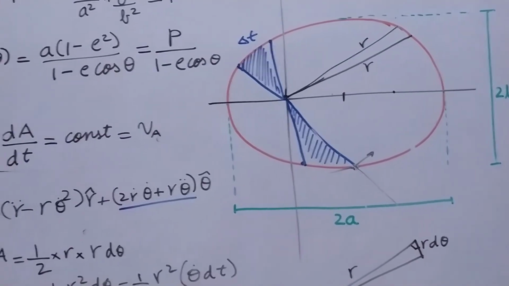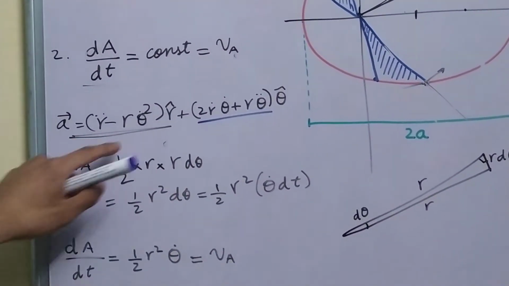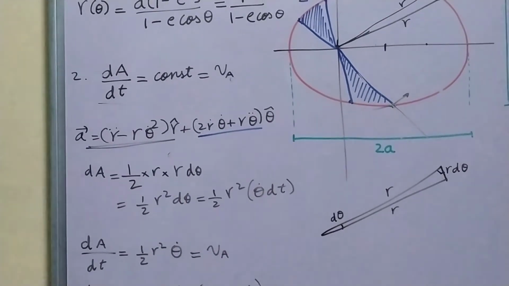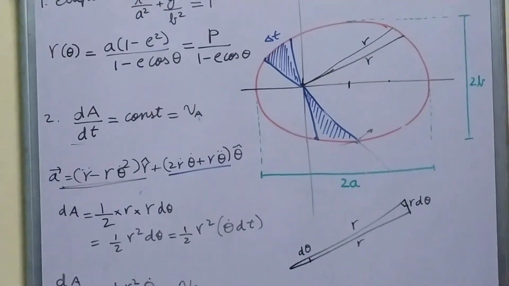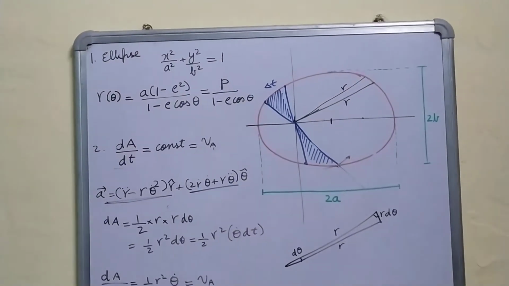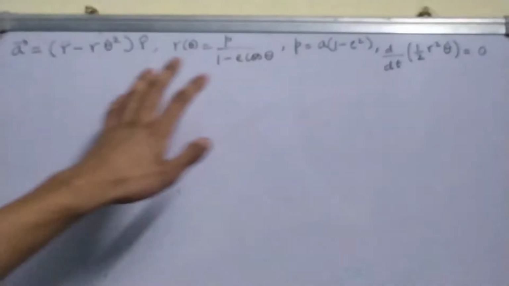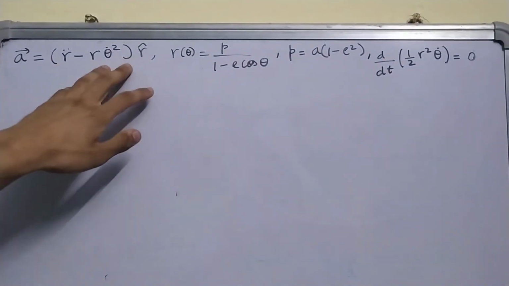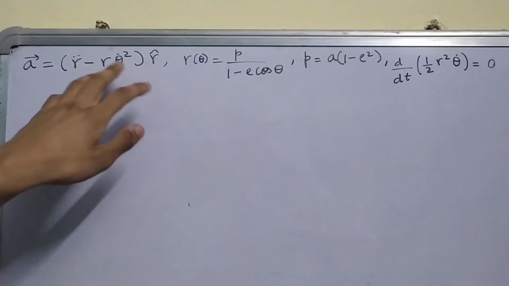Now we are left to evaluate this part. So let me clear things up. This is what we have found out: your acceleration is only radial. This is the radial part, r double dot minus r theta dot square.